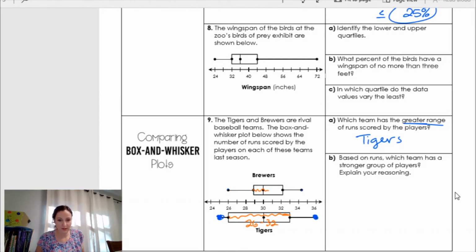But the Brewers mostly scored between 29 and 32 points. So which one looks better to you? Would you rather have a team that consistently scores between 29 and 32 points or between 26 and 32 points? I think that the Brewers have a stronger group of players because they're more consistent in their higher scores. 29 is a higher value than 26 is.